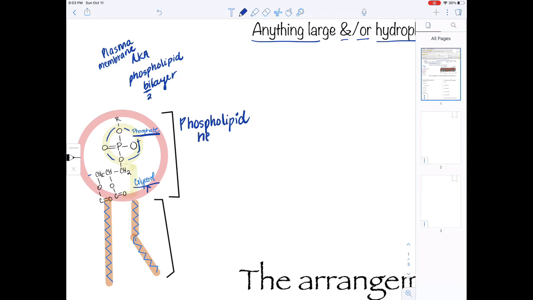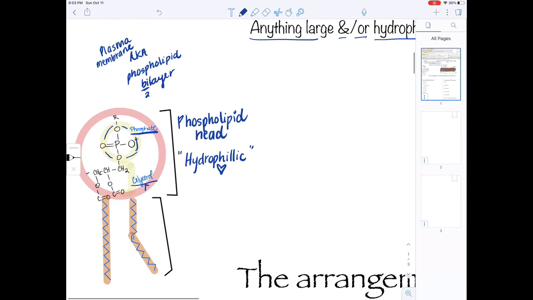And that also tells you that it's polar. Remember that your hydrophilic components are usually going to be polar. At the bottom, we have our fatty acid tail, which we remember is hydrophobic, which is your non-polar.